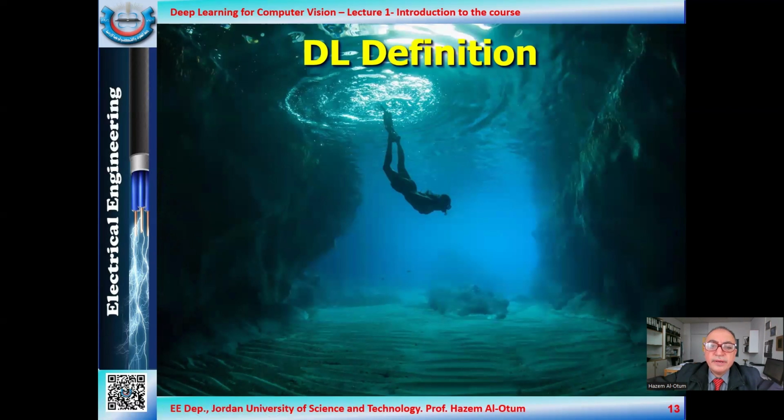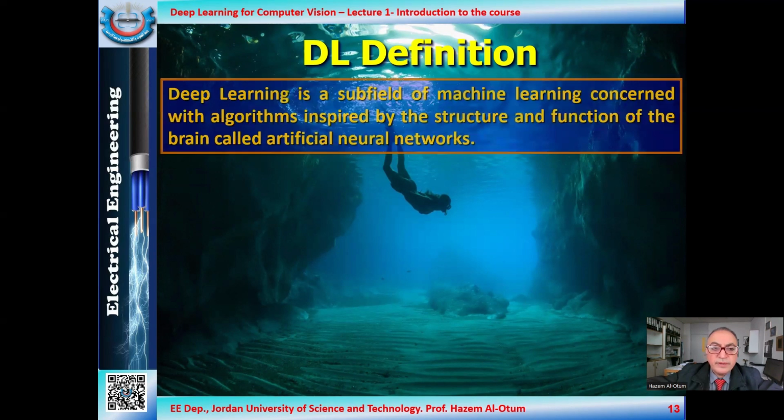Let's go now to the deep learning definition. What is deep learning? It's a machine learning tool; in fact, it's a subfield of machine learning concerned with algorithms inspired by the structure and function of the brain, called artificial neural networks.